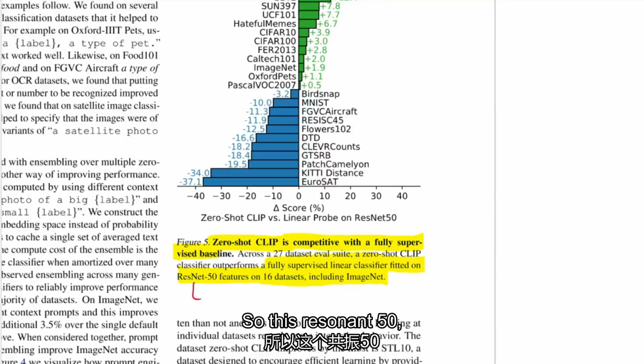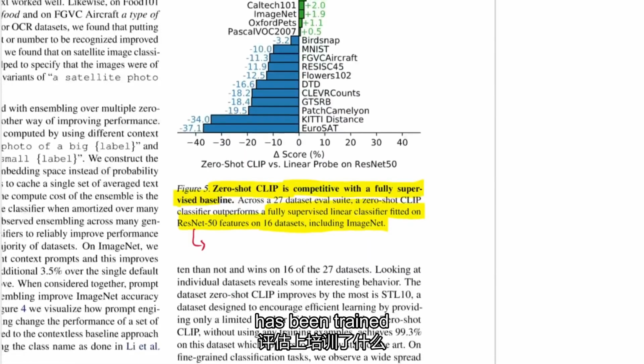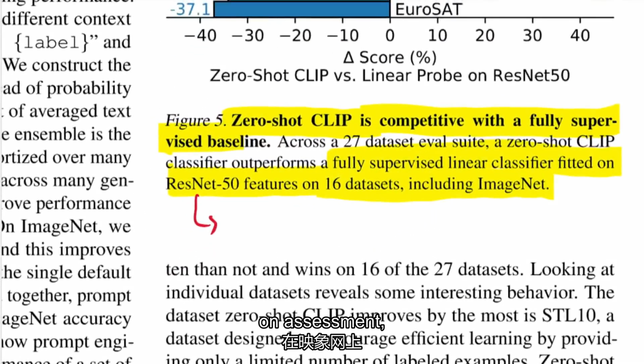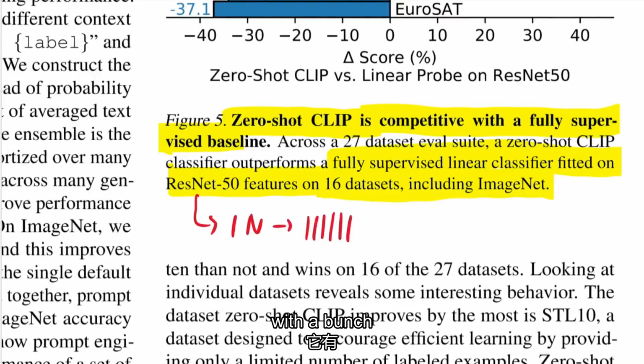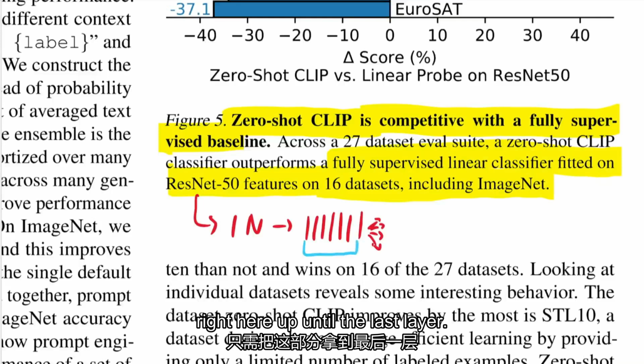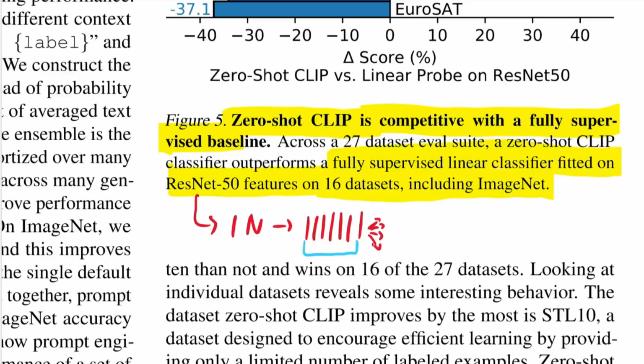So this ResNet 50 has been trained on ImageNet, right, and that results in a neural network with a bunch of layers, including a classification layer at the end, into 1,000 classes. So what you do is you pre-train this on ImageNet, and then you simply take this part right here up until the last layer, and you take it.